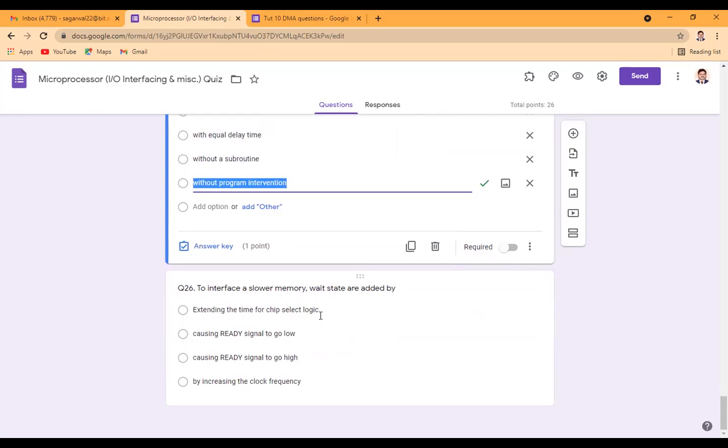To interface a slower memory, wait states are added by what? You know that ready signals are used to do that.